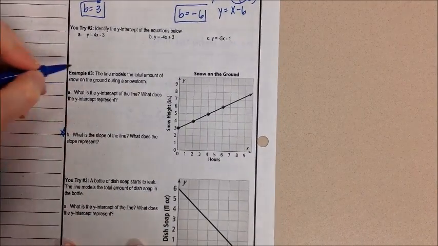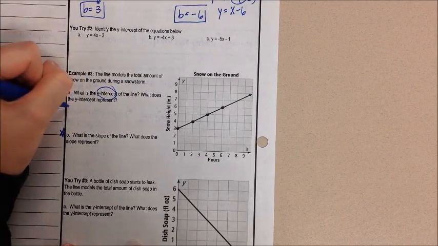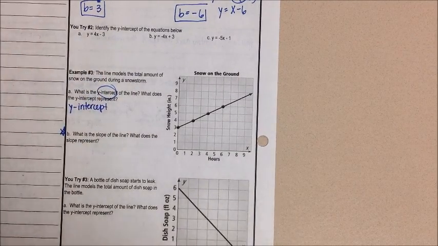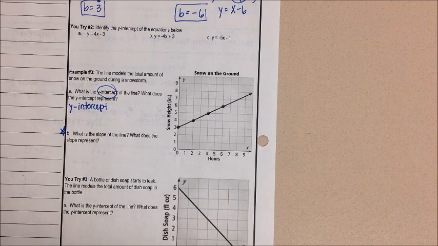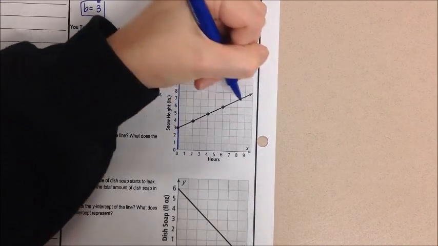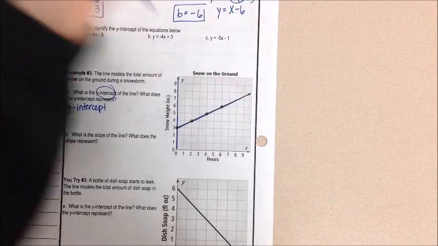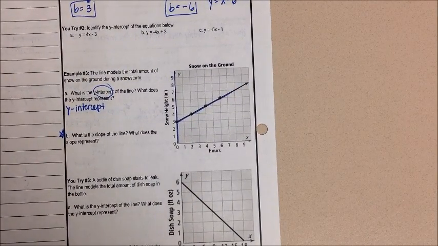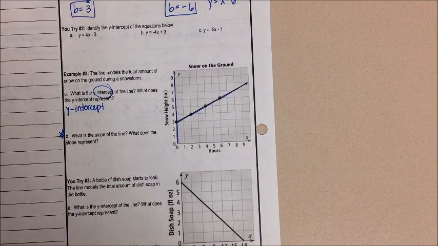So first let's start with what is the y-intercept. My y-intercept, remember, is the y value where the line crosses the y-axis. So here's my y-axis, here's my line, and this is about snowfall, the amount of snow that is on the ground.